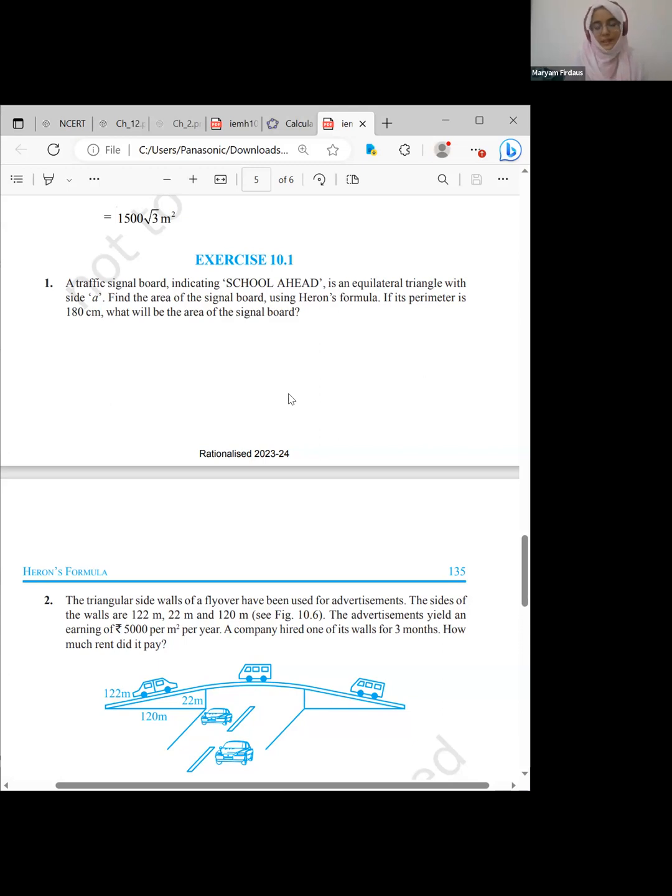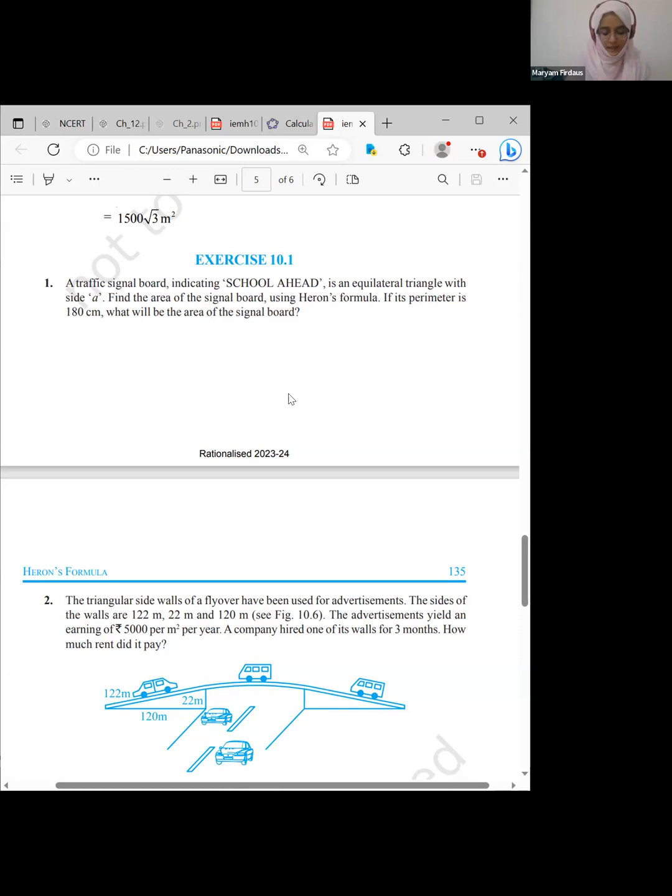So if the perimeter is 180, each side will be how much? Karen, how much will each side be? Yes, it will be 60. So let's say the side is A, each side will be perimeter divided by 3.